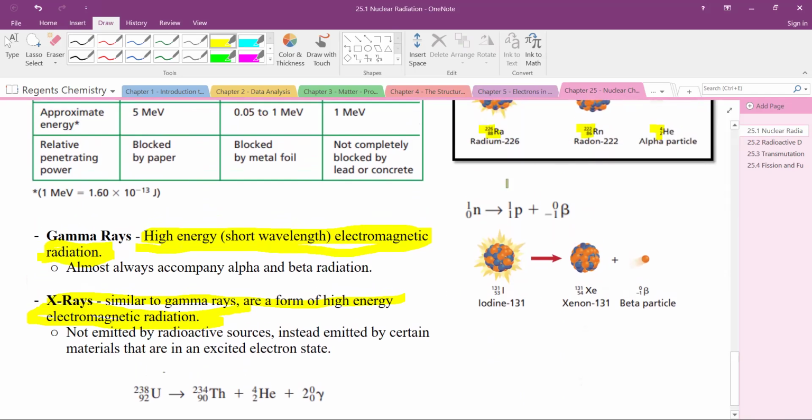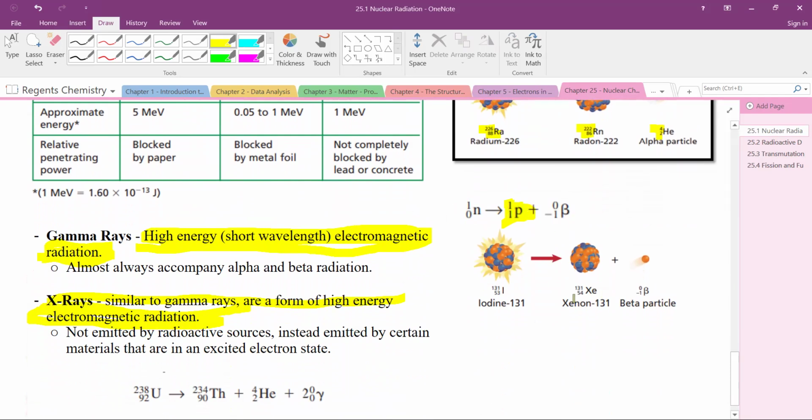So you can see right here I have an example of some beta decay. I have our alpha decay here. Here is a beta decay where a neutron is going to emit an electron. And if we take 0 and we remove a negative charge, we'll be left with a positive charge. So when a neutron emits an electron in beta radiation, it actually forms a proton.